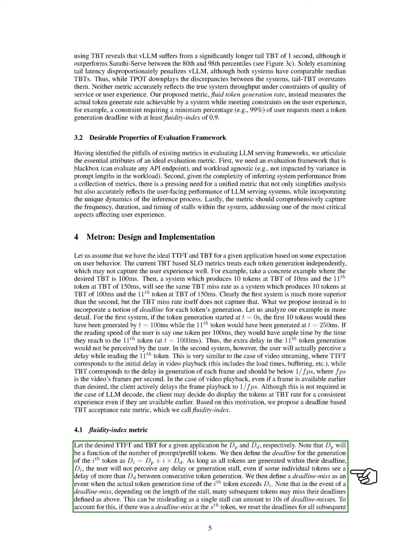We introduce the concept of deadline miss when a token's actual generation time surpasses its deadline. To prevent cascading effects of deadline misses, we reset deadlines after a miss and calculate subsequent deadline misses accordingly. This method ensures a more accurate assessment of system performance.